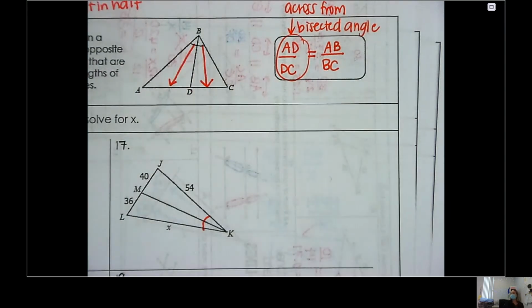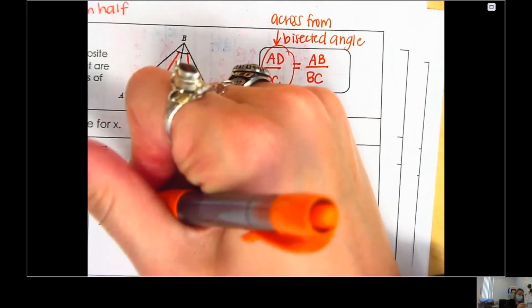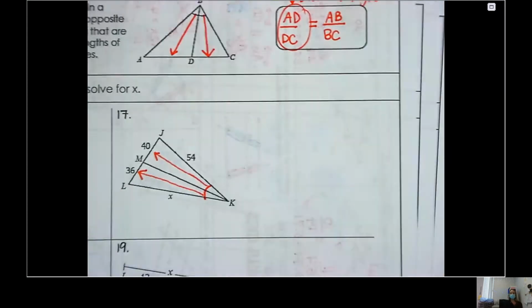This is my angle that's being cut in half, right where the two meet up together. Now let's go to the sides across from the angle. So Ms. Masso always draws her arrows going straight across from the angles. Which two sides are across from the angles? From the bisected angle?